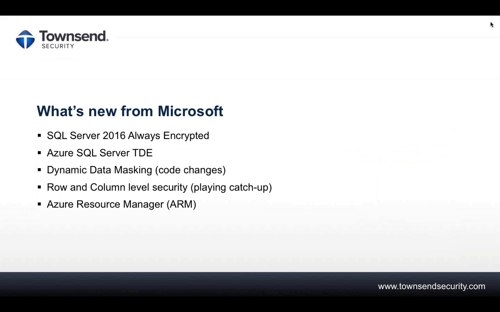Always Encrypted is a client-side application, and it encrypts data before it leaves your local PC or server and travels over the network and lands in SQL Server. So the data gets encrypted at the source and then is protected across the network and as it sits inside of SQL Server.